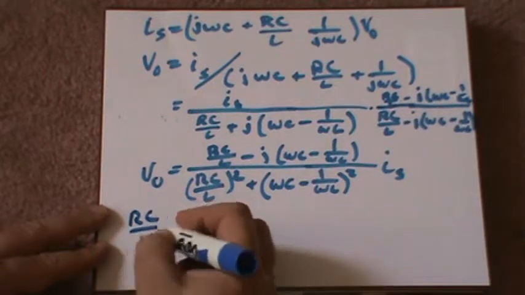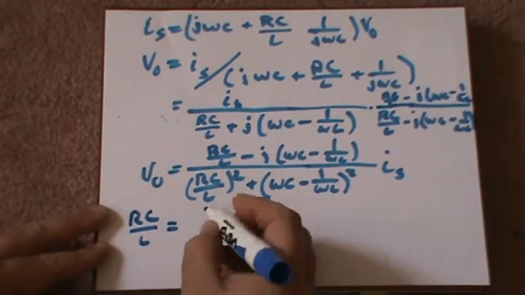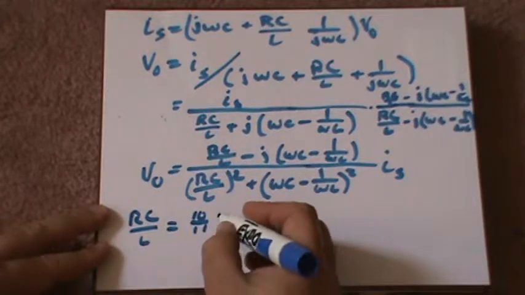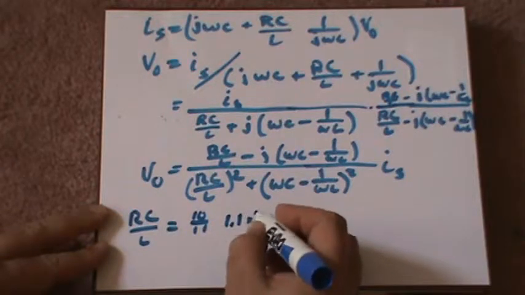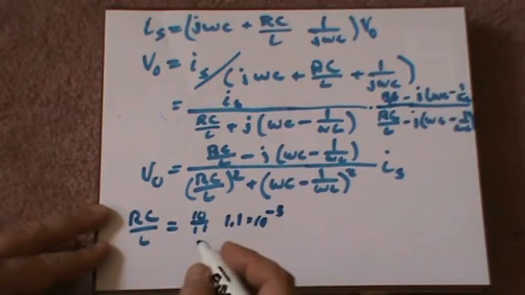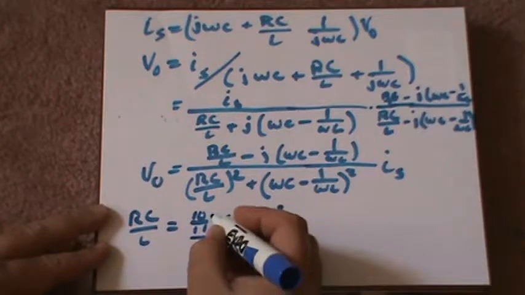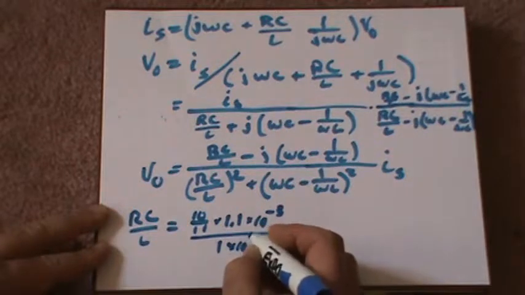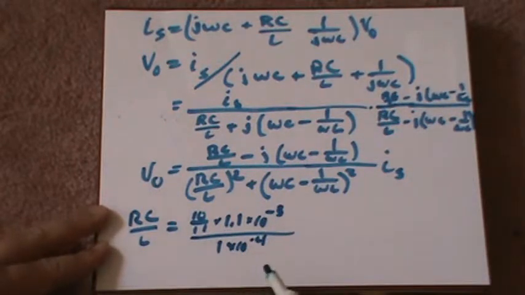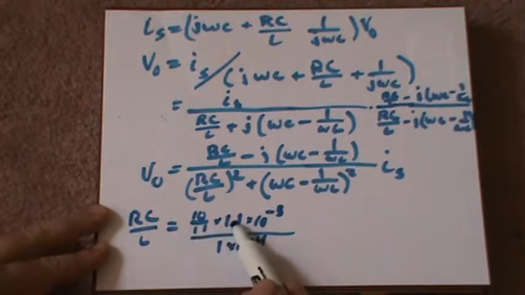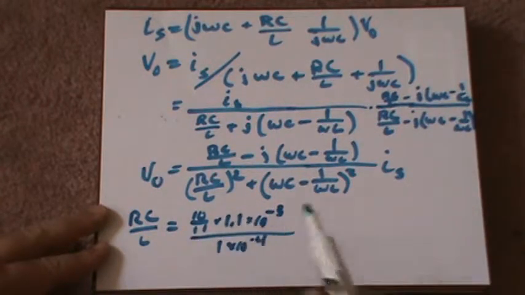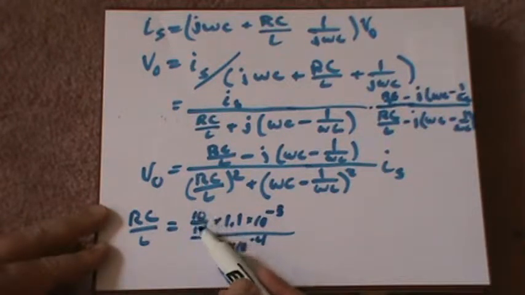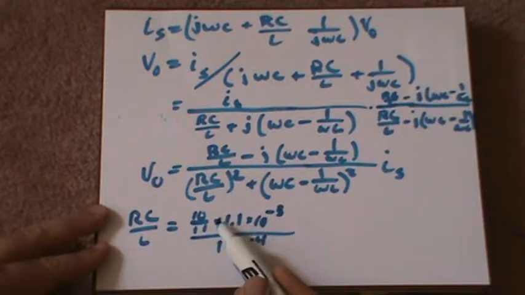Let's calculate RC over L. Now RC over L: R is 10/11ths and C is 1.1 times 10 to the minus 3, and those are multiplied, and L was equal to 1 times 10 to the minus 4th. Obviously I picked this, so the 11 and the 1.1 will just end up canceling out, and we will end up with just a straight 1.